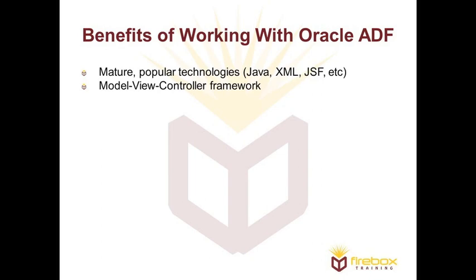And the model level of the application is really the business logic. The controller is what communicates between the model and the view. So we don't embed any business logic inside of our view layer. Why do we want to implement an MVC architecture? Well, we want to make our application scalable. So if I need to change the view for some reason, it's not going to mess up my business logic.